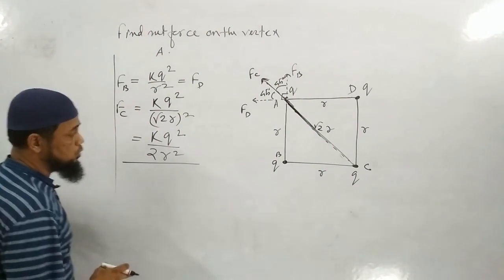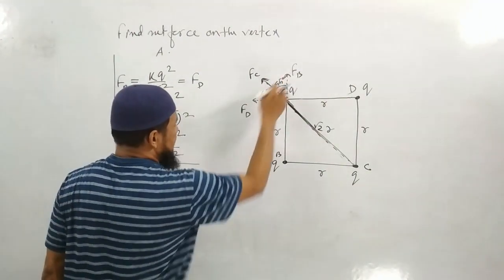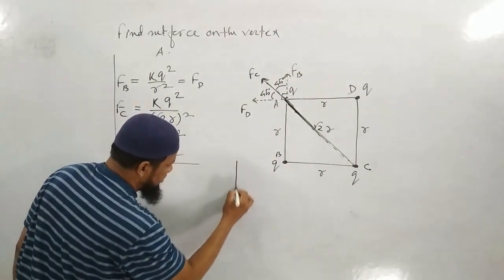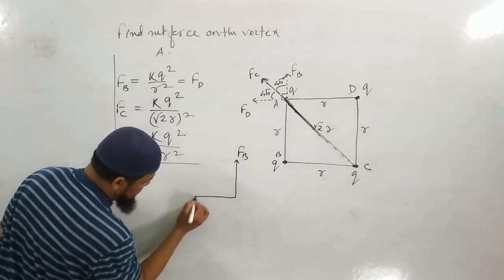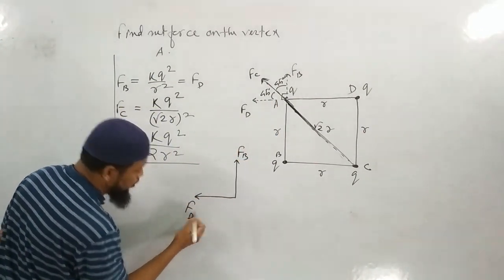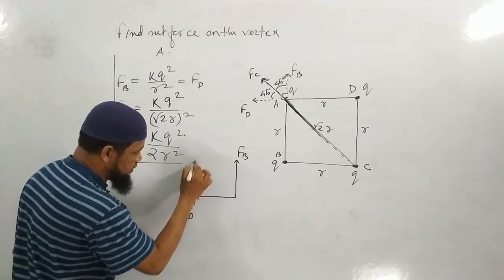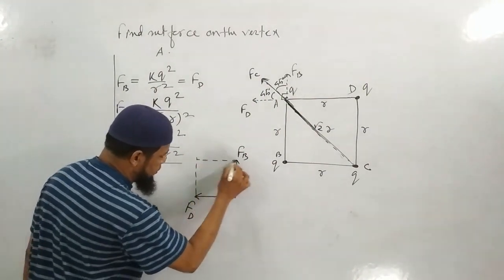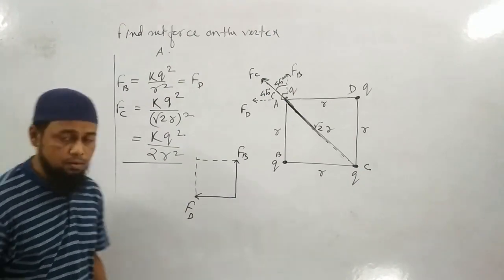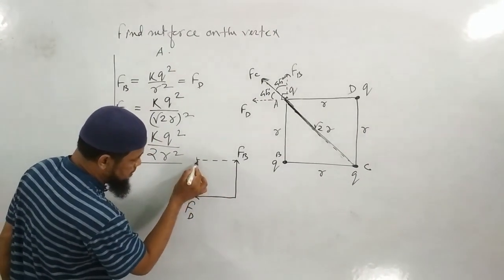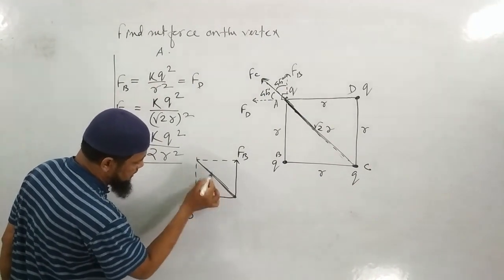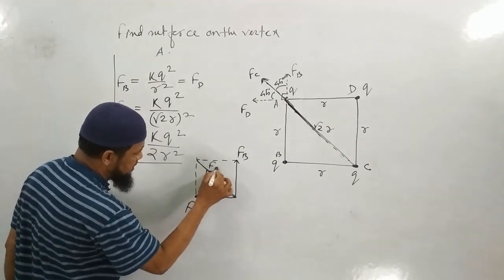First we'll find the resultant of B and D. B is along this direction and D is along these directions. They are equal in magnitude. If they are equal in magnitude, if I use parallelogram law of vector addition, then the resultant will be represented by the diagonal.